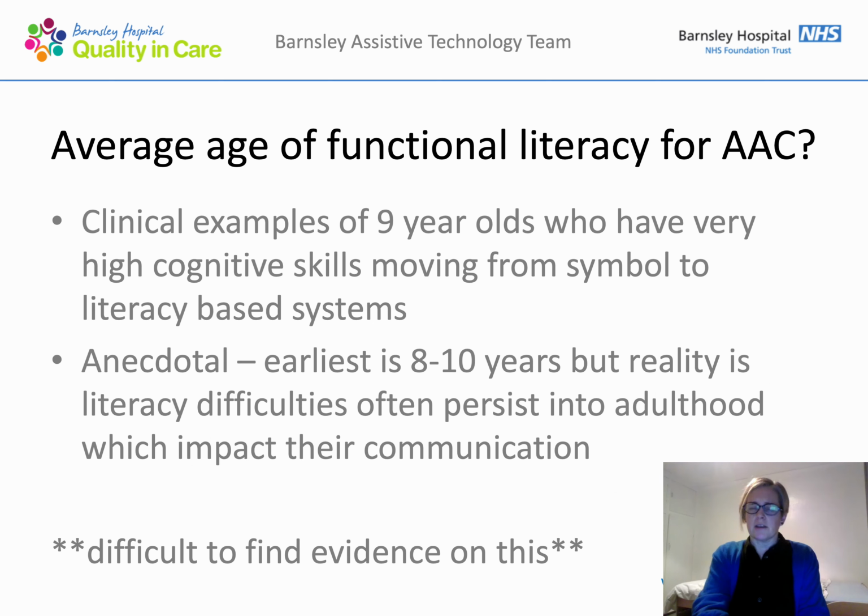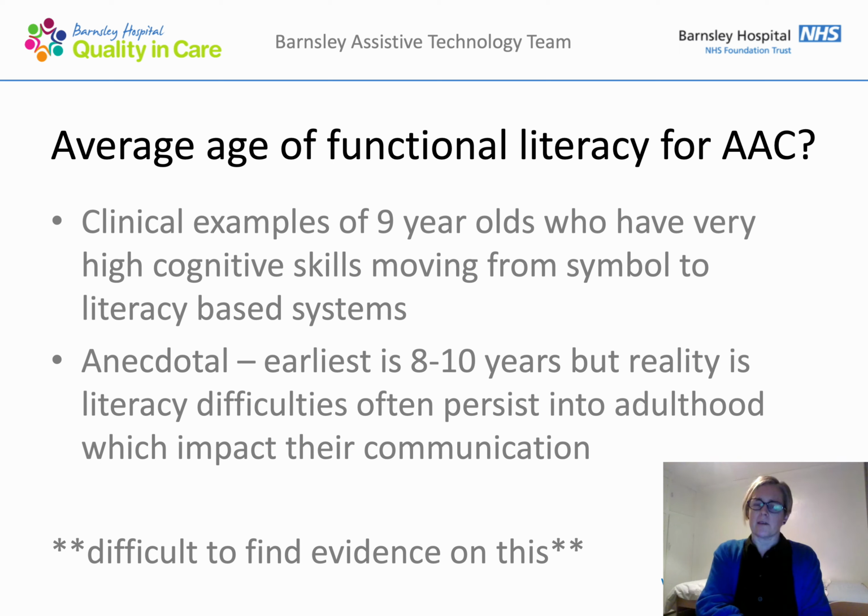It's very difficult to find evidence on this, so this is a bit of a caveat that this is really just from my clinical observations. But I don't really have many examples of children that I've worked with younger than 9 years old who have moved from symbol to literacy based systems. So anecdotally, I would say the earliest is between 8 to 10 years that they can start really communicating through text everything that they want to communicate.